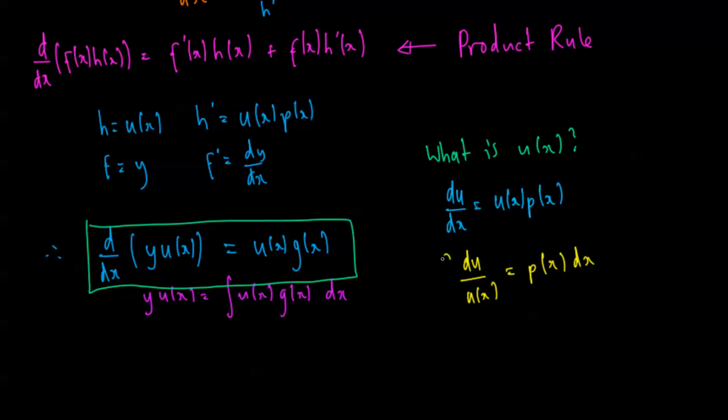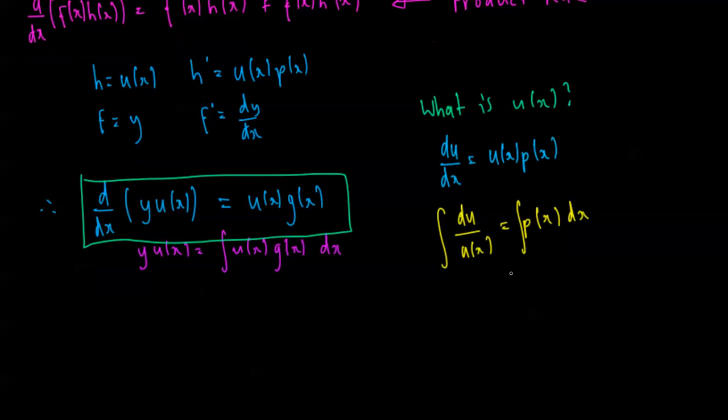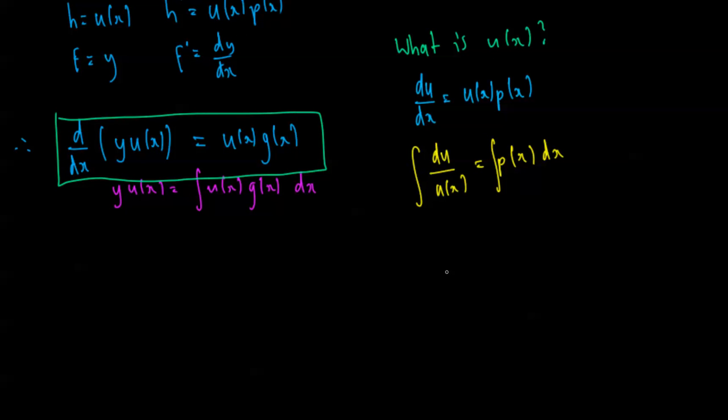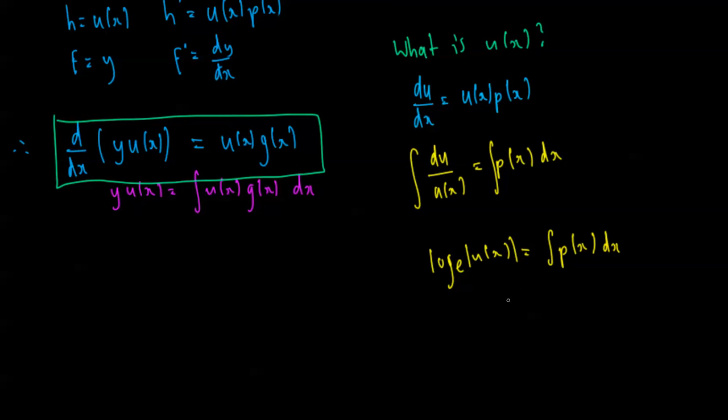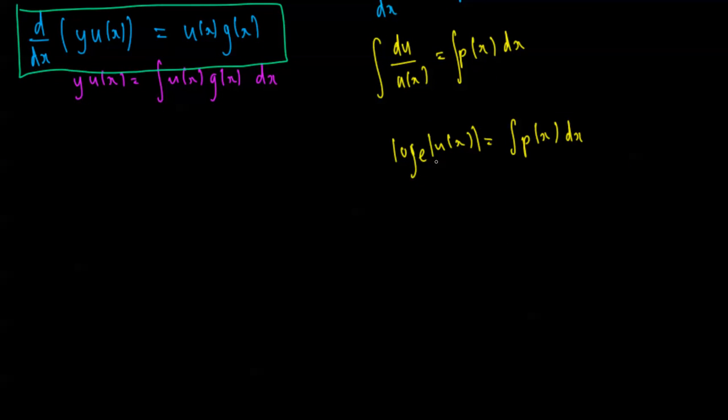Now we can integrate both sides of this separable ODE. du on u of x integrates to log e of u of x, and that's equal to the integral of p of x dx, which I can't simplify. If I take the exponential of both sides, I get u of x is equal to e to the integral of p of x dx.